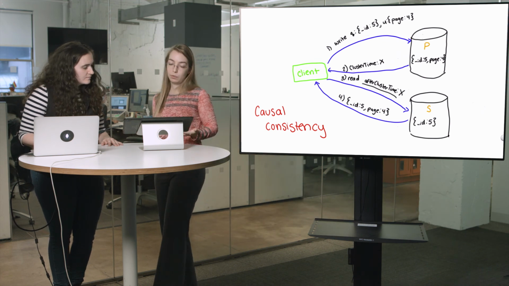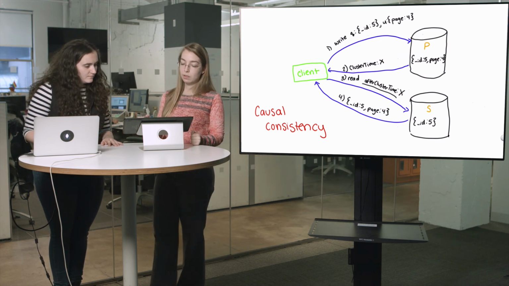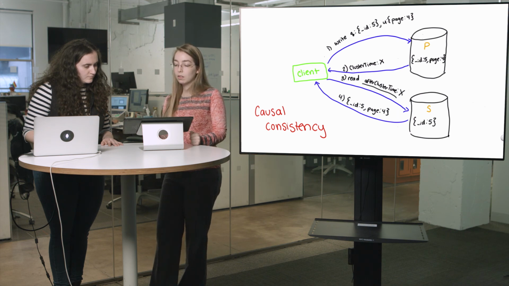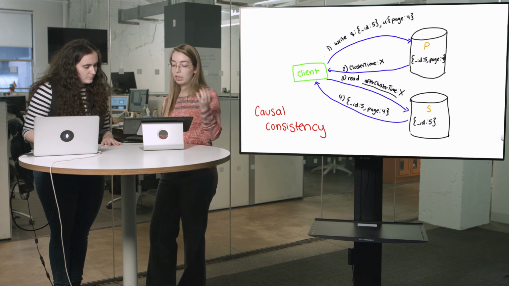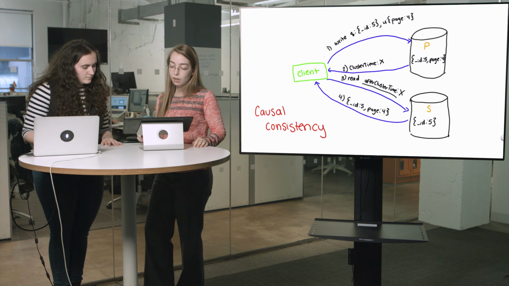So how is this helpful? What happens in this example, we start with number one, the client does a write to the primary. It says, I'm going to update _ID 5 and have it have page 4. So it's doing some write.